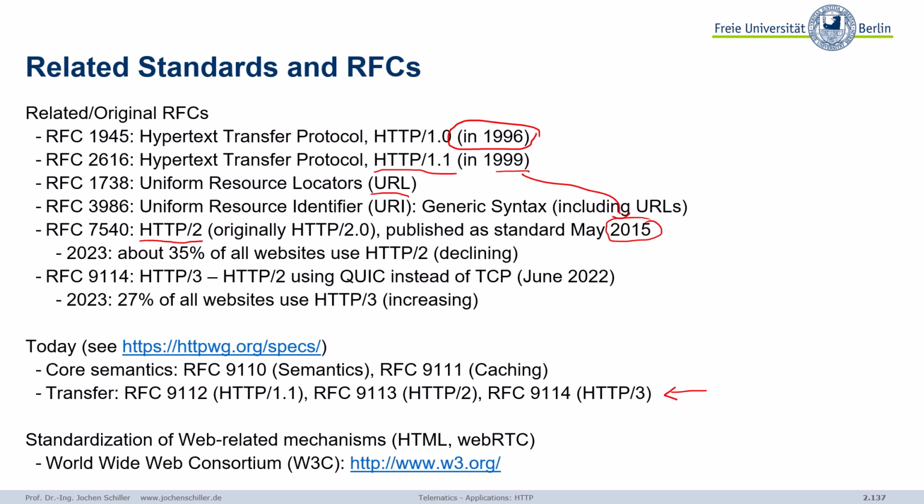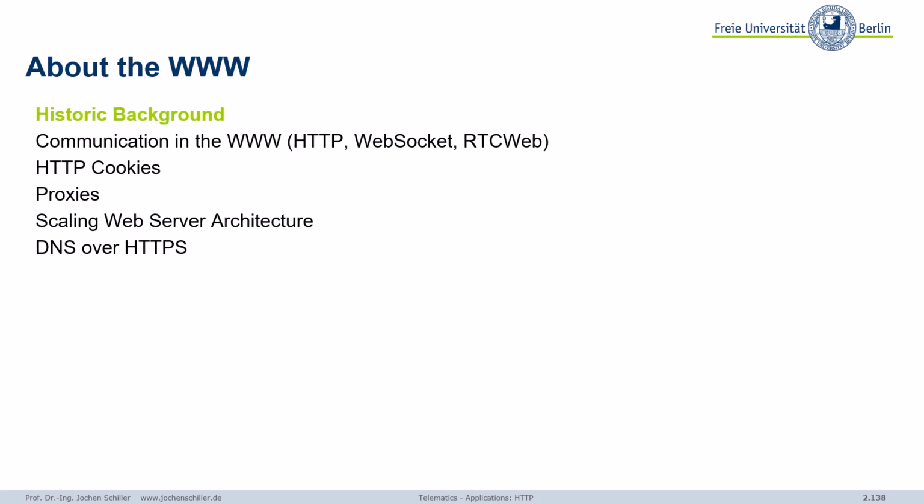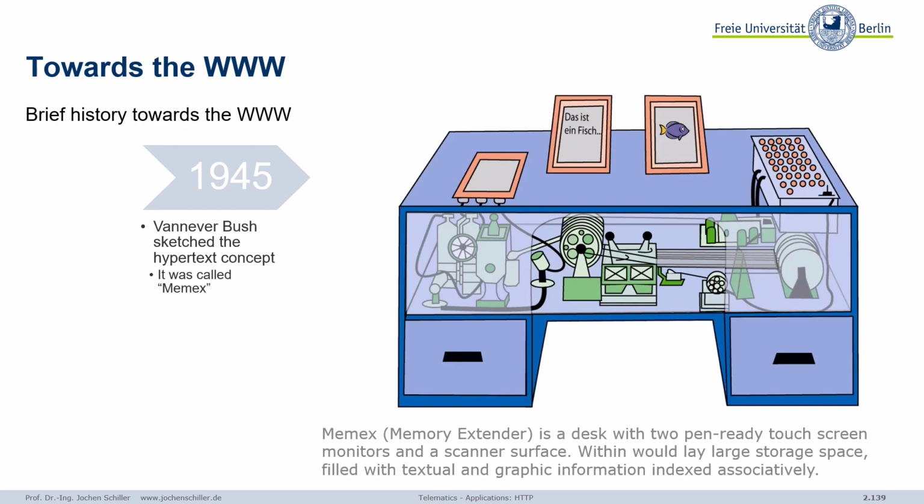Before we start, some background. So some historic background. Is this all brand new with the World Wide Web? Well, not really. It's interesting to see that the history really goes back to 1945, when Vannevar Bush sketched something like a hypertext concept. So, hypertext concept, memory extender, memex, kind of a desk.